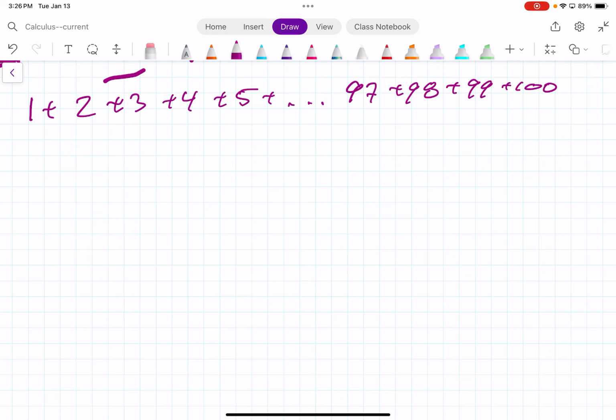But I think we can be at least as clever as a genius 5-year-old, right? Don't you think so? It would be a really slow and bad idea to sum this up by saying, all right, 1 plus 2 is 3, 3 plus 3 is 6, 6 plus 4 is 10, 15, 21, 28, and I just keep adding the next number.